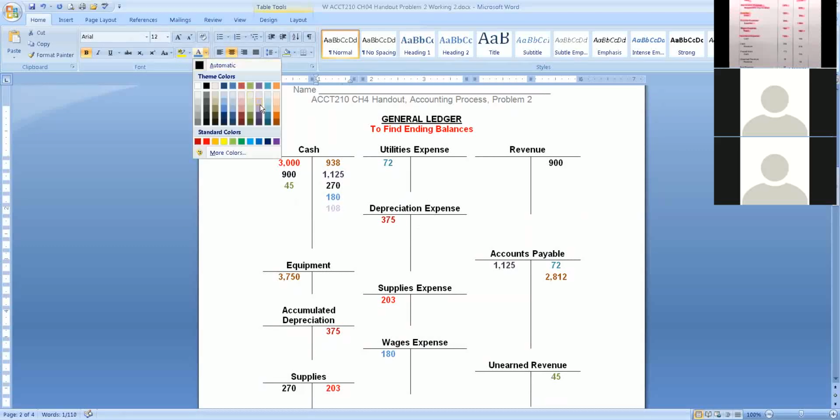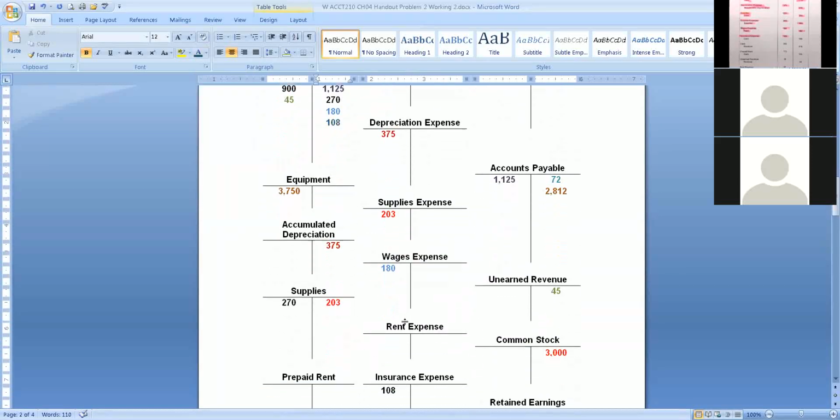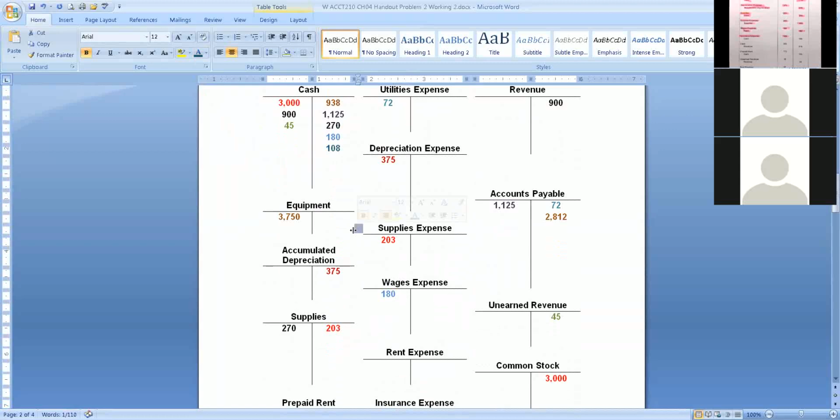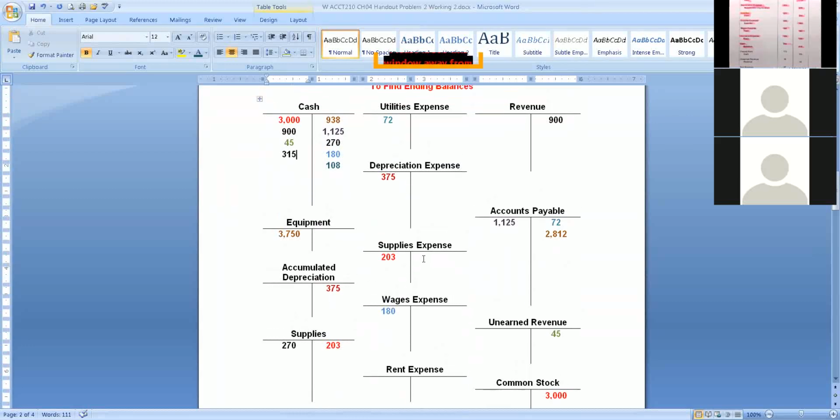Let's make that one that column. Okay. Cash is a debit for 315. And revenue is a credit, 315.